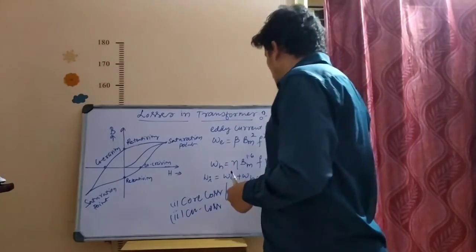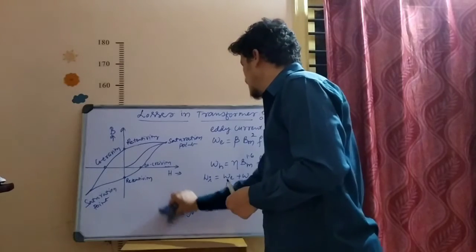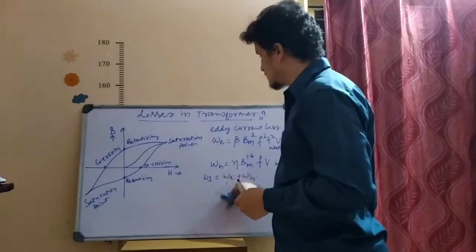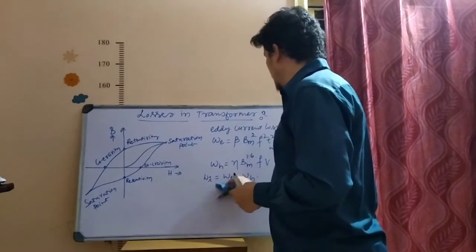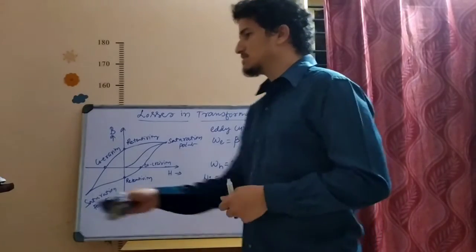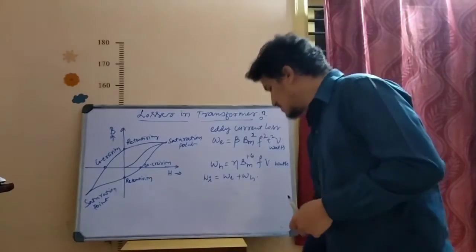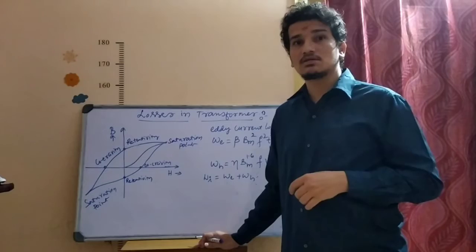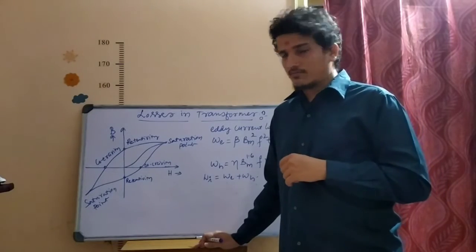From the beginning of this transformer class, during the construction itself, I have told you about the magnetic material, which is nothing but the core, the silicon steel laminated core.